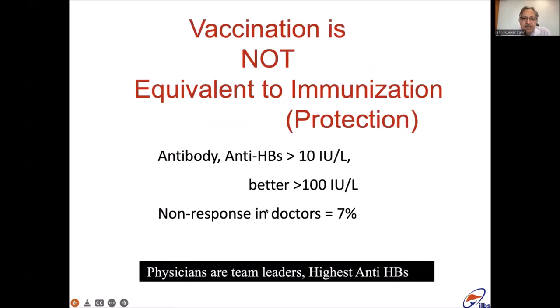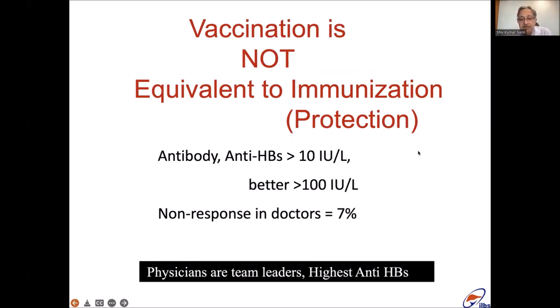So vaccination is not equivalent to immunization. You are vaccinated, but that does not mean you are immunized. For immunization, you must know your anti-HBs. Your anti-HBs must be above 10, preferably above 100. So if you, let's say, take the COVID vaccine, but you don't check your antibody, you will not know.